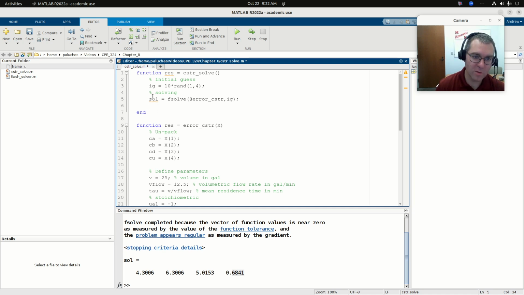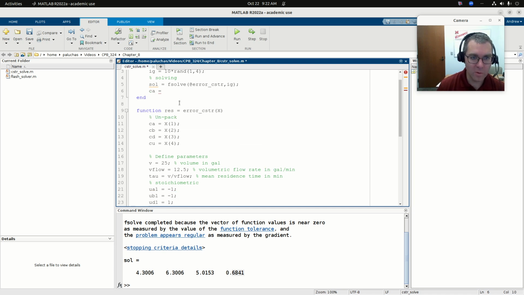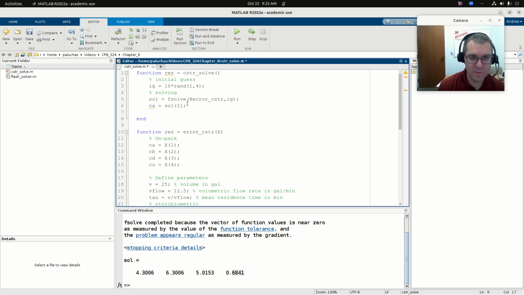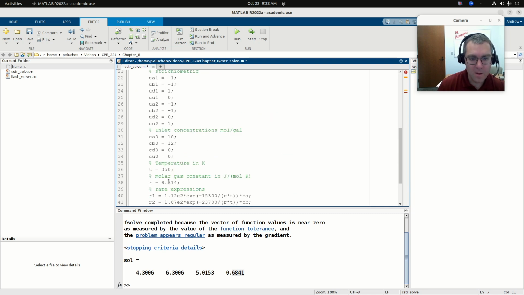So what can I do? In terms of my solution vector, I could just point to the first element. I know that's going to be A, or if I want, I could pull it out. So CA is going to be the first element of my solution vector. Okay, and then, hey, now we're getting crazy. CA naught, I could define it, and we're going to do this a couple different ways.